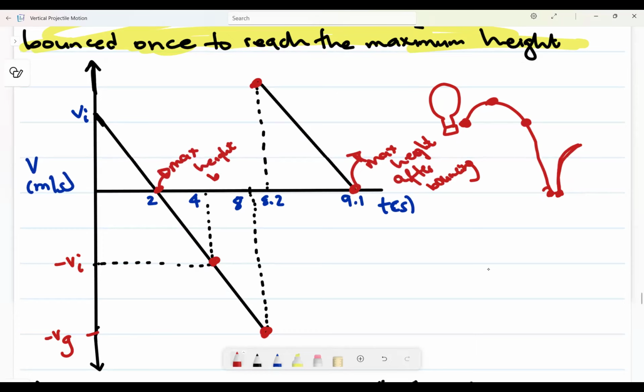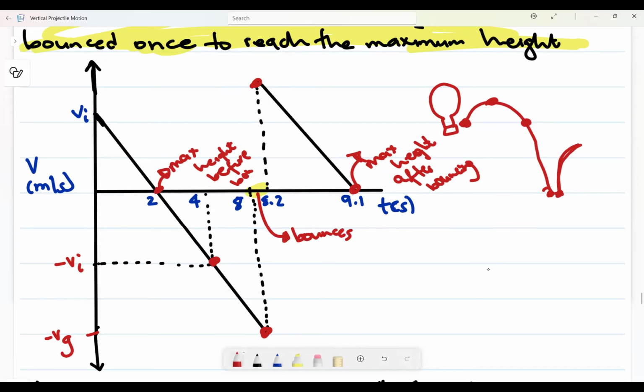This one is before bouncing, because can you see it went down until it reached the ground, then it had a contact time. Then at this point it went up to the maximum height after bouncing. So the bounce occurs here. Let me indicate that: bounces.